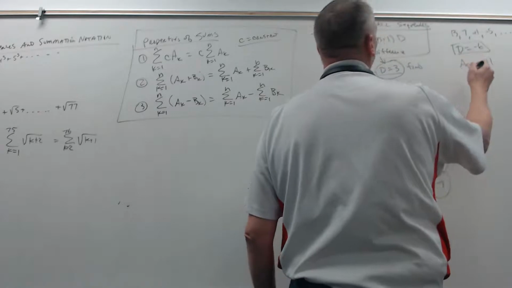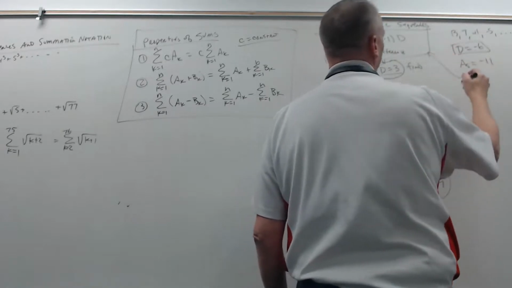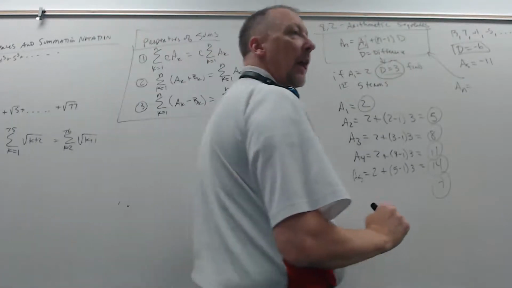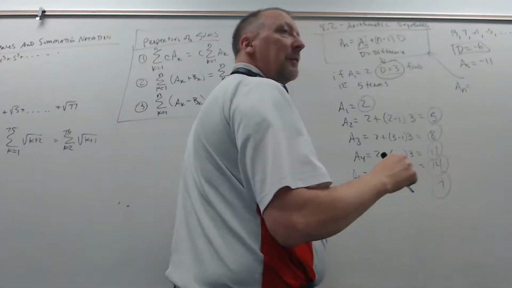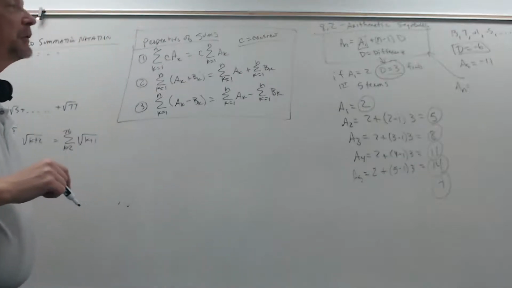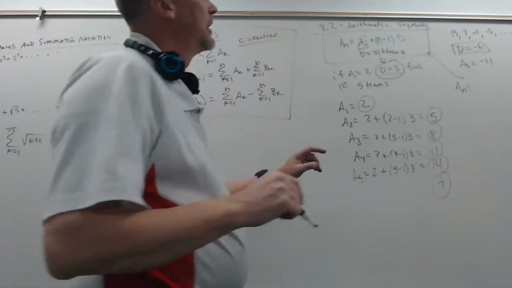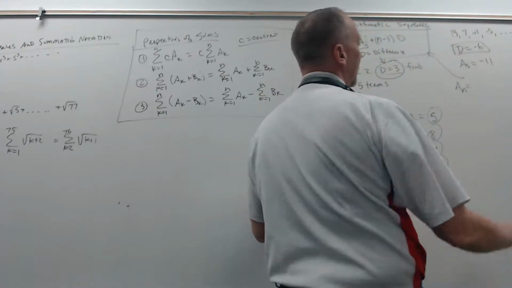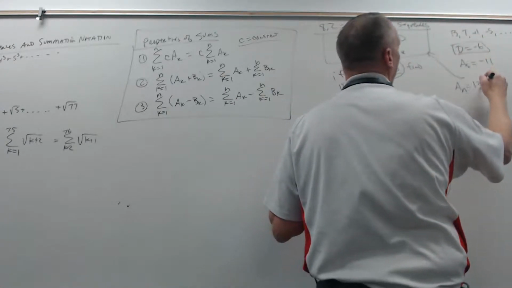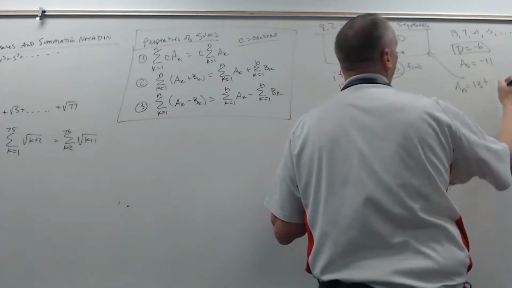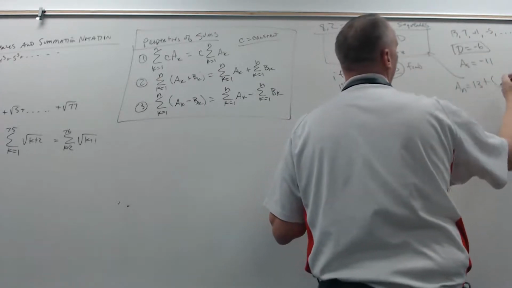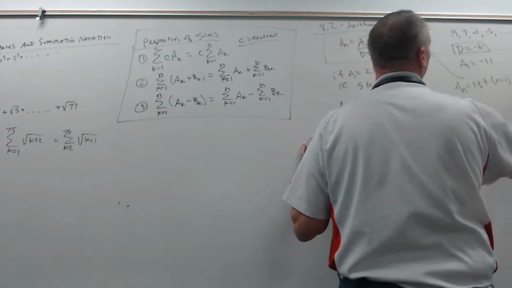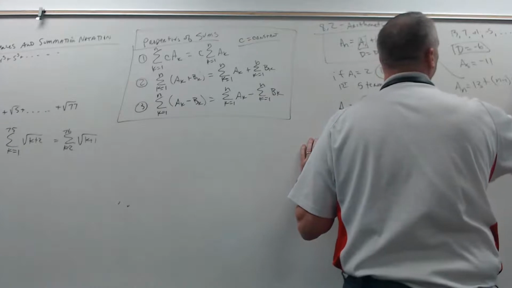Now, could you figure out this formula here? A sub n equals, what's the first term in the sequence? Caitlin, what's your first term in the sequence here? The first term of the sequence, is that 13 or 14? 13. Okay, plus n minus 1 times d, which d is -6.